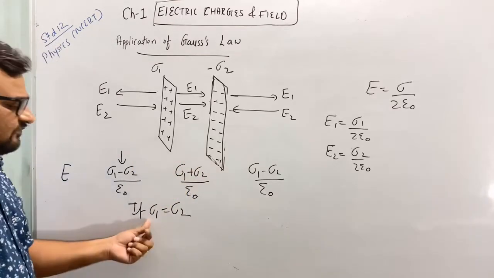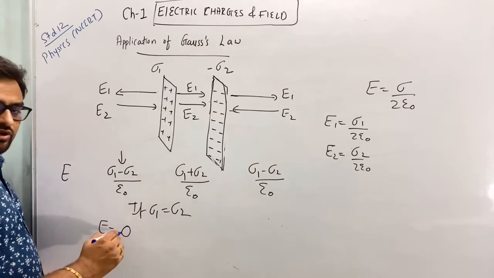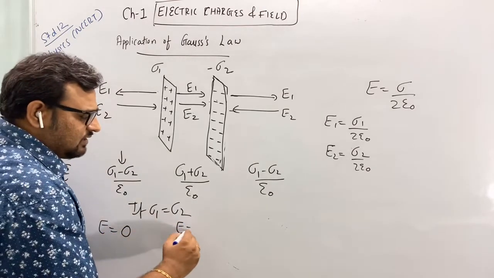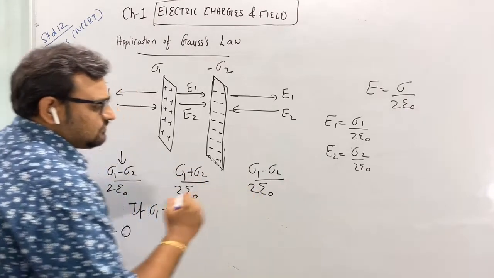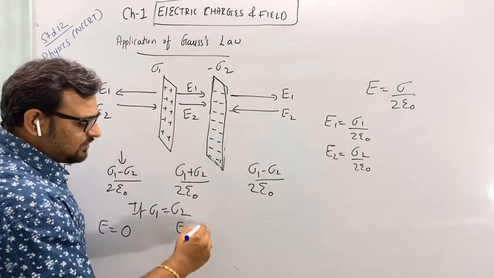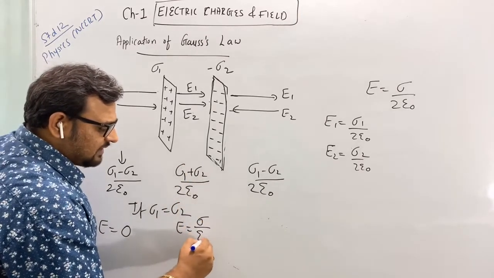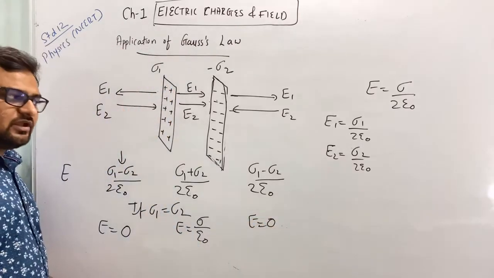So now see, if both are same, then here the electric field will be equal to 0. Here it will be sigma plus sigma, over 2 epsilon 0, sorry, my mistake. So 2 sigma by 2 epsilon 0, sigma by epsilon 0. And here 0. Clear?